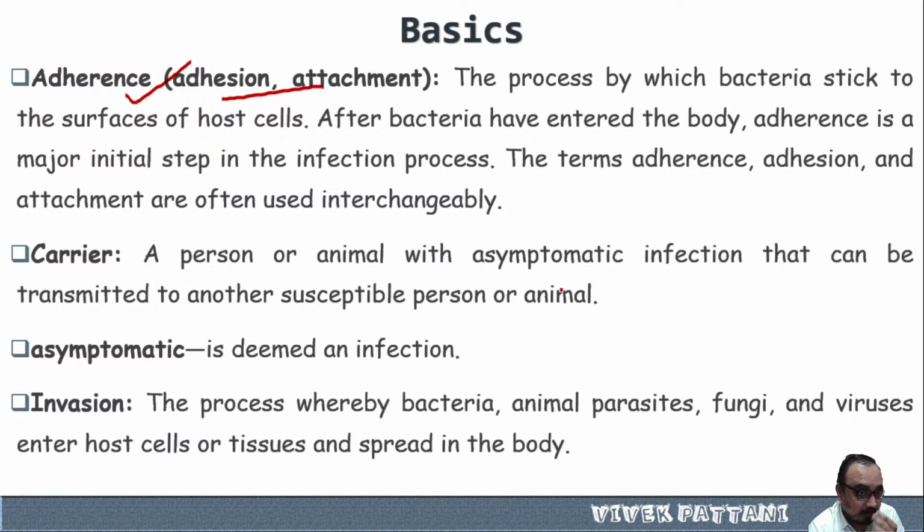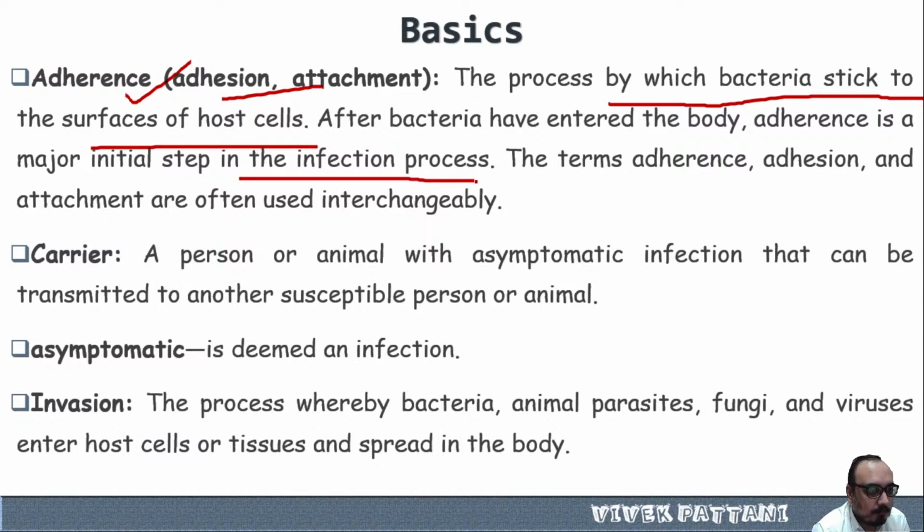It's a process by which bacteria stick to the surfaces of the host cells, and after the bacteria have entered the body, adherence is the major initial step in the infection process. The first step of infection is the attachment or the adherence.